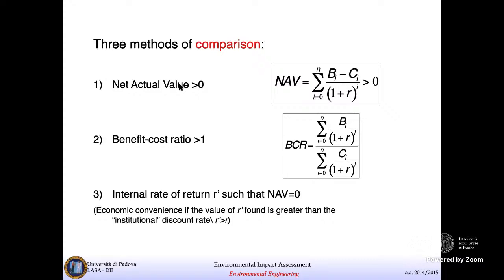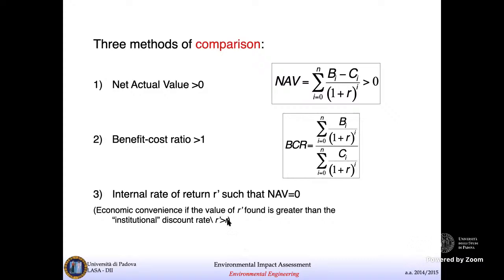The internal rate of return is the value at which we have a net actual value equal to 0, so where we compose the inversion point of the net actual value, and you have economic convenience if the value of the internal rate of return, R first, is greater than the institutional discount rate. So you may say that R first is bigger than R.